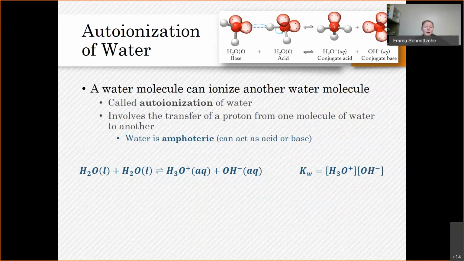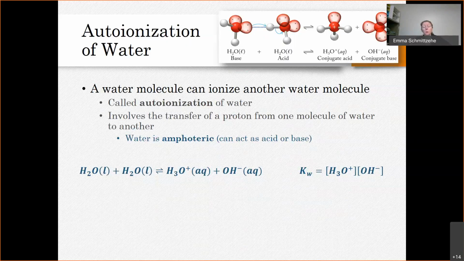It's not over anything. You could say it's over 1 if you want, because the liquid H2O you don't put in that equation. But the nice thing about this equilibrium is that even if there is some additional acid or base added to that water, this equilibrium has to hold true.